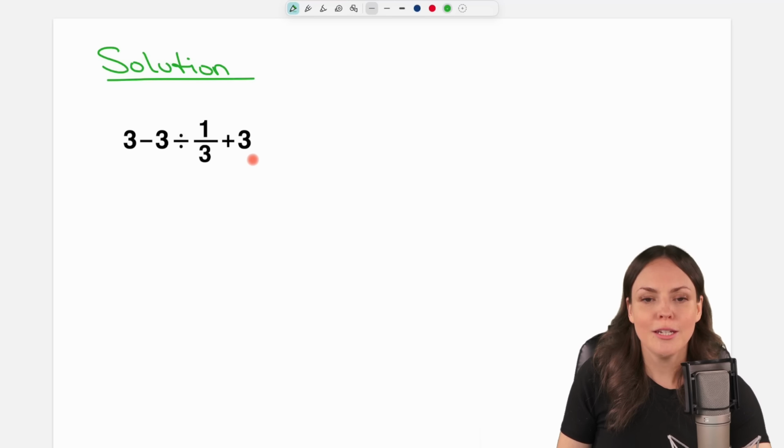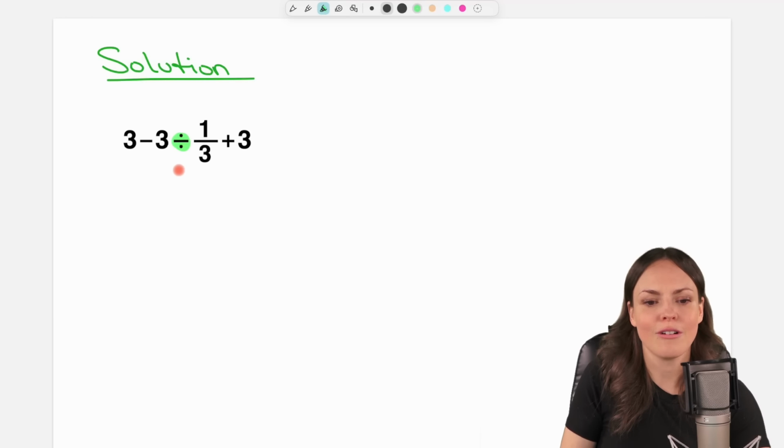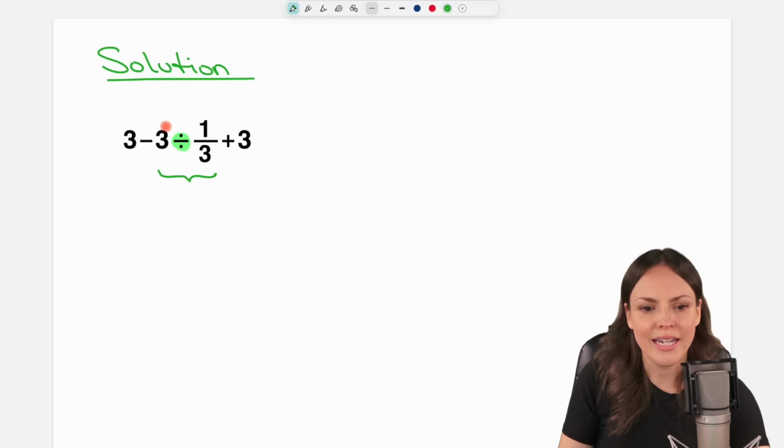Okay, we already know that we have to follow the order of operations, so we have to start with this division here. 3 divided by 1/3. How can we calculate this? Well, we divide by a fraction by multiplying by its reciprocal.